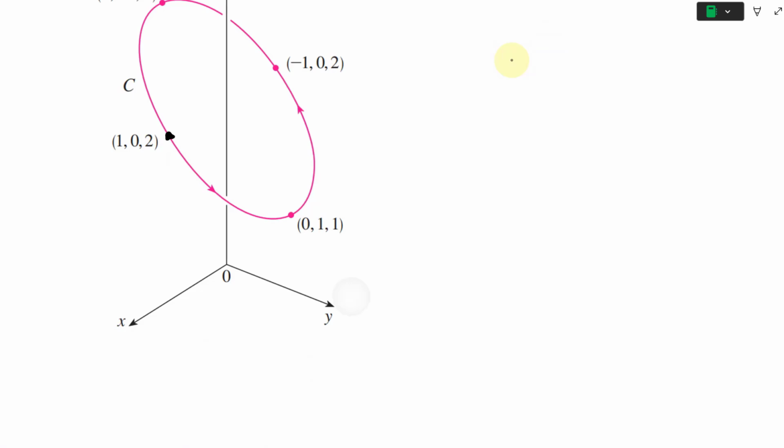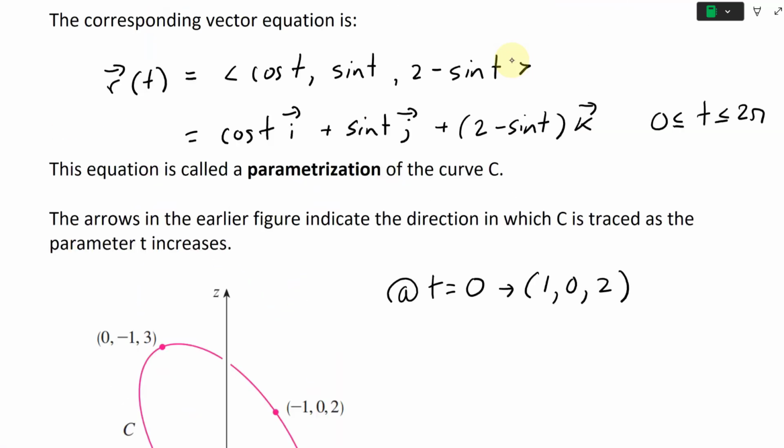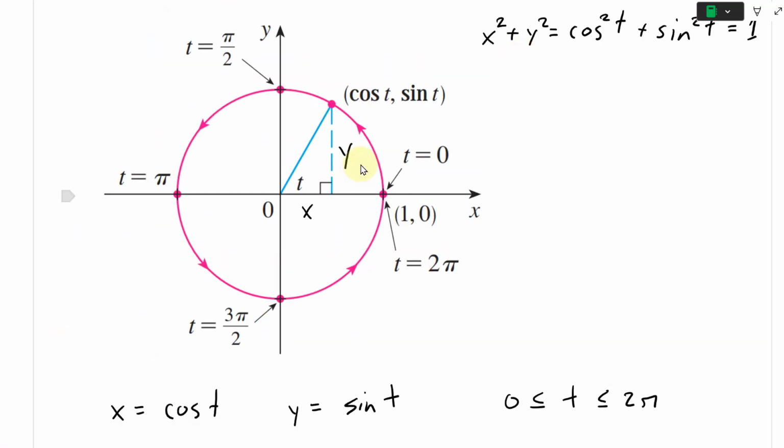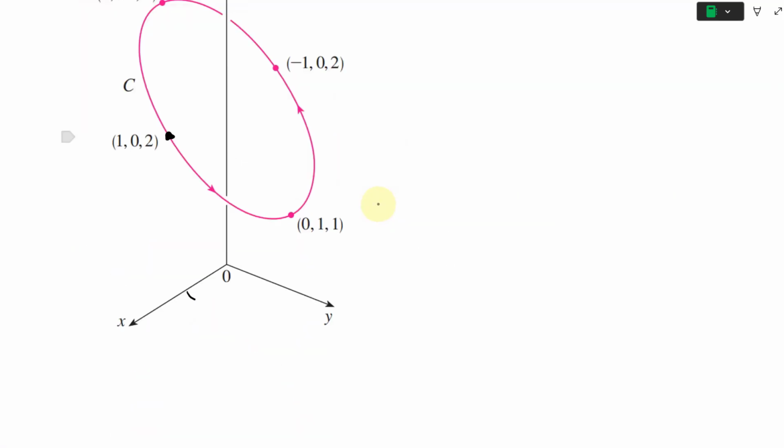Again, there's our x, and think of this as the point 1, 0 at the bottom there, and it goes around like that. Think of t as the angle theta, which starts at x equals 1. It's the same thing right here, so it starts off here.